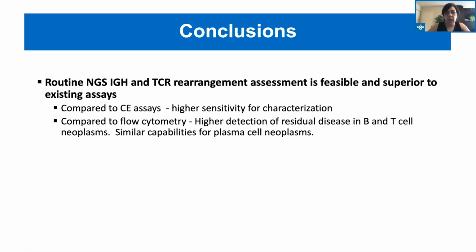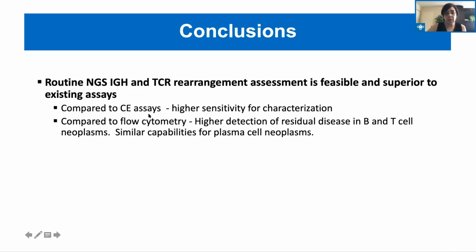So in conclusion, I think that in general, routine IGH and TCR rearrangement assessment for both clonality and for minimal residual disease is very possible and very feasible in any clinical laboratory, provided that the workflows are organized correctly and also that they are validated fully.